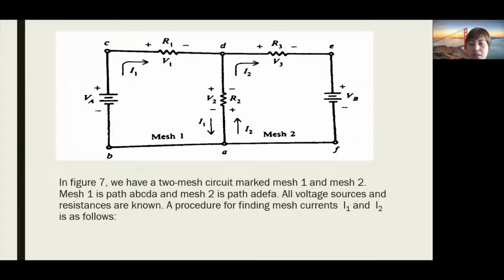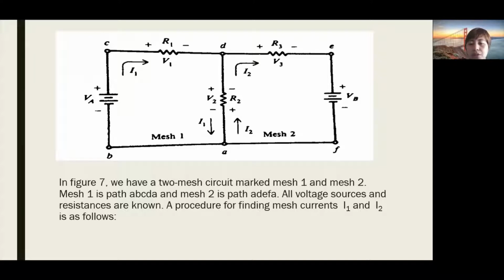So this is an example of a mesh. It is a closed loop, a closed circuit. In this figure, you will see there are two meshes.